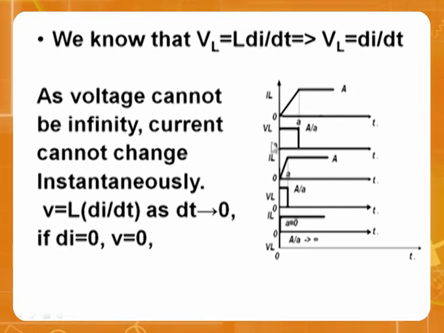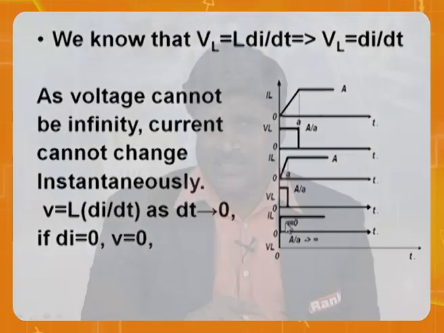Therefore, what should happen? Current cannot change instantaneously. This is another logic to say it graphically. If current is changing from 0 to some value suddenly, voltage is becoming infinity. That's not accepted. So current cannot change instantaneously in an inductor.